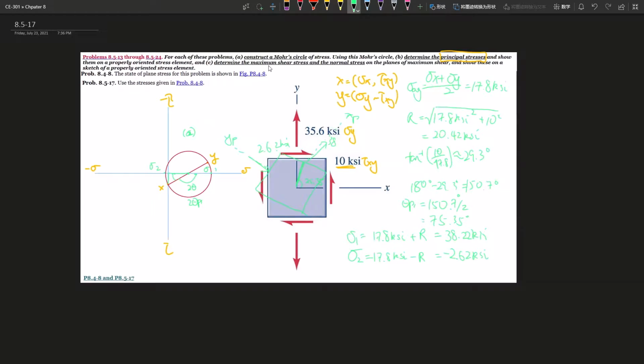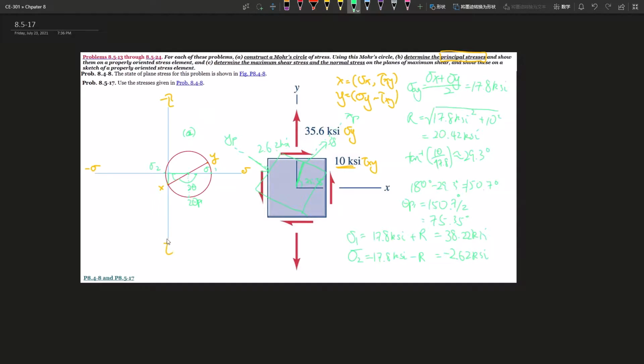So now we're done with B, and now let's look at C. Determine the maximum shear stress and the normal stress on the plane of maximum shear, and show them on a sketch of a properly oriented stress element. Basically, the maximum shear stress is here, right?